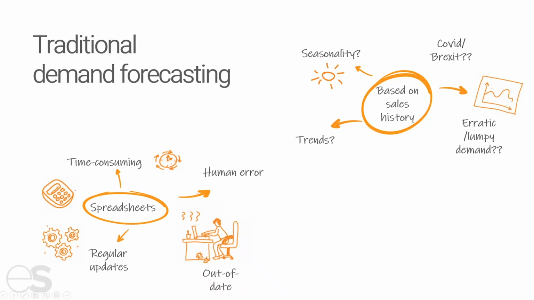We also find that many businesses who are forecasting base their forecast solely on previous sales history. But what they're missing is that they're forgetting about seasonality, so taking into account seasonal peaks and troughs in demand. There's also items that are going to be trending, where demand's going to be trending up or down.